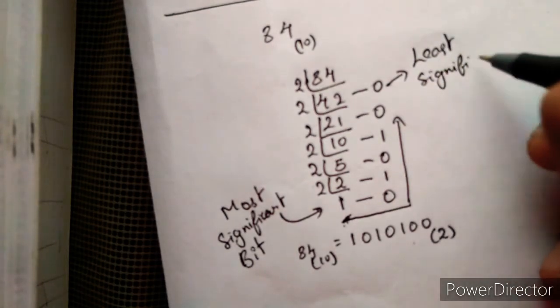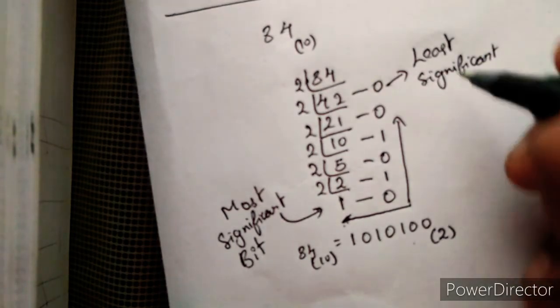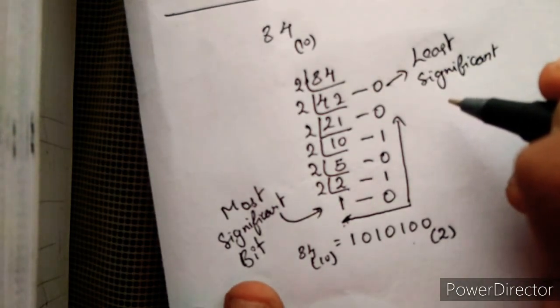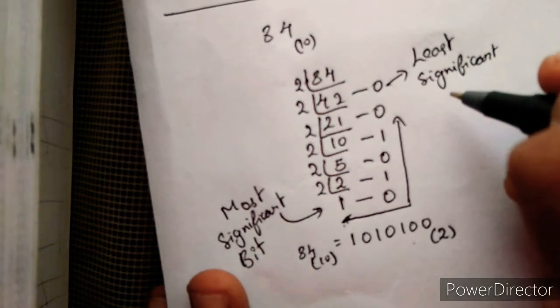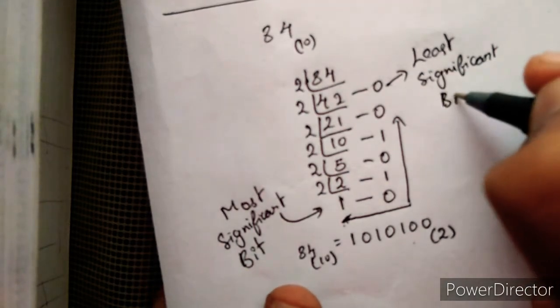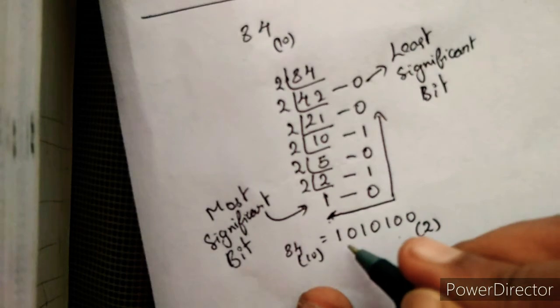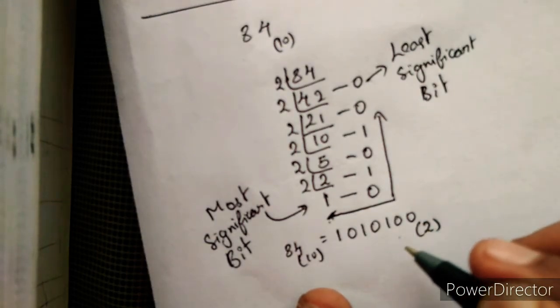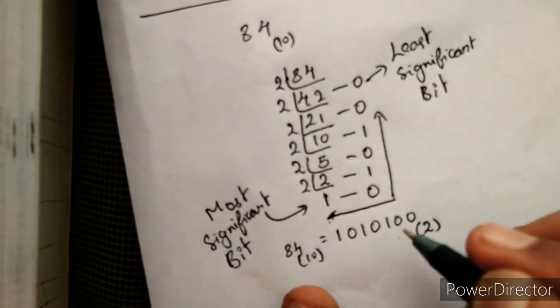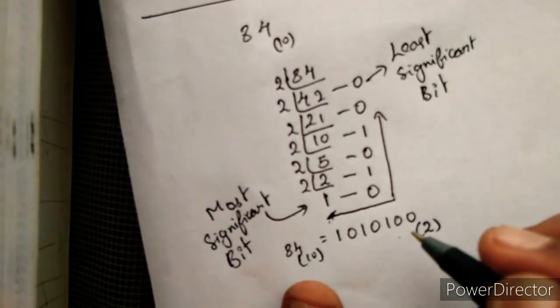The least significant bit always comes at the right side, and the most significant bit always comes at the left hand side. So you get the number 1010100 as a representation in the binary form for 84.